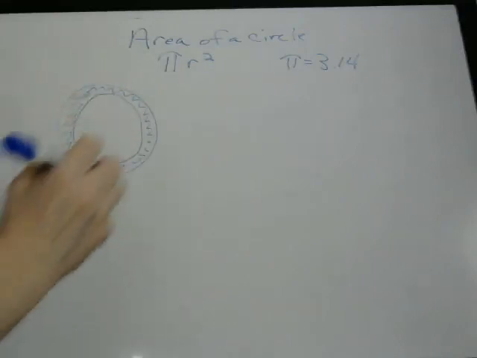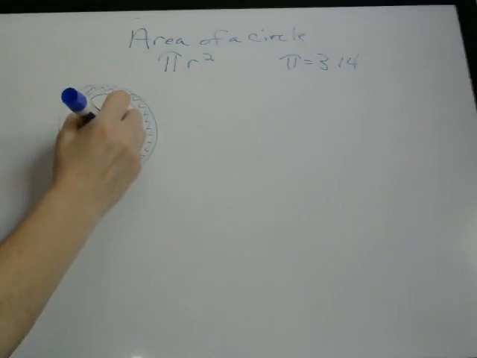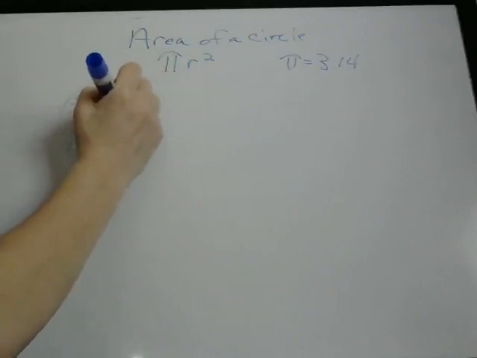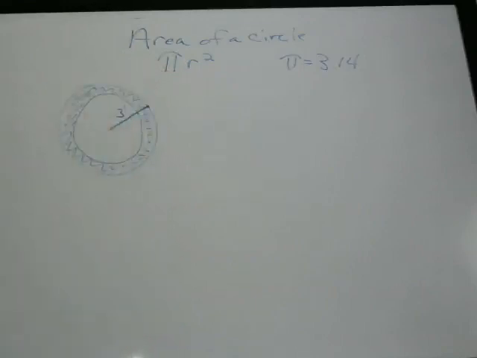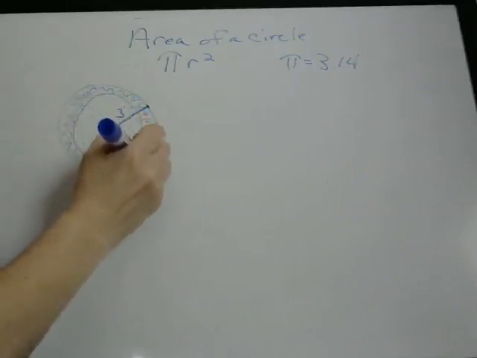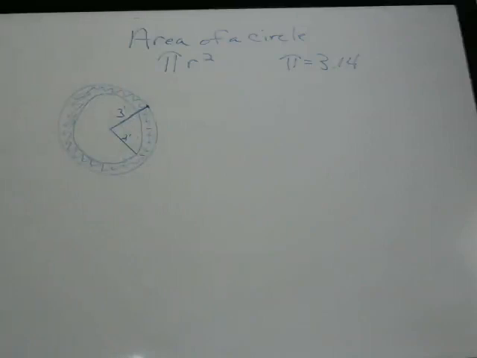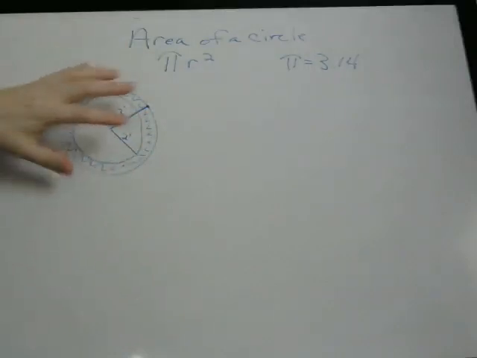So let's say that they tell you that the radius of the larger circle, so going all the way out to the larger edge, is 3 feet. The radius of the smaller one, so just going out to this inside edge, is 2 feet. So you want to know what is the area just of this outside area, not of the whole thing.